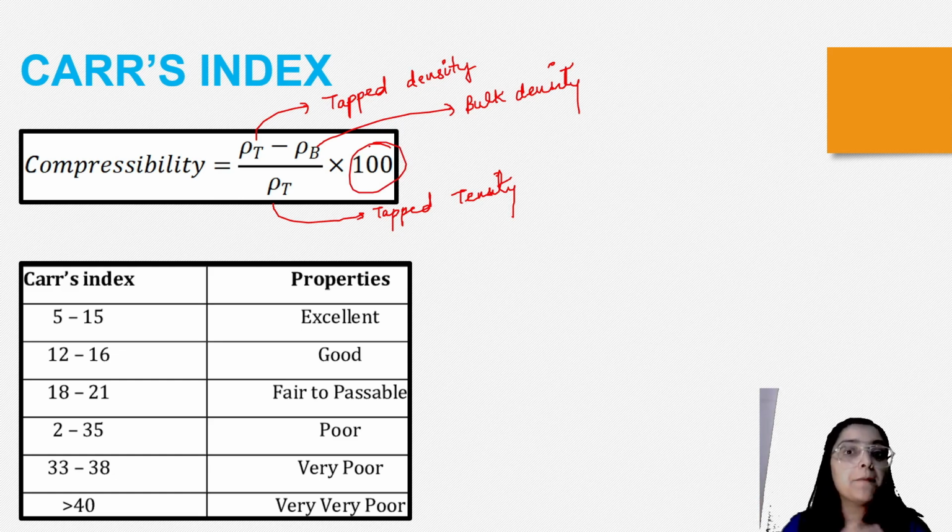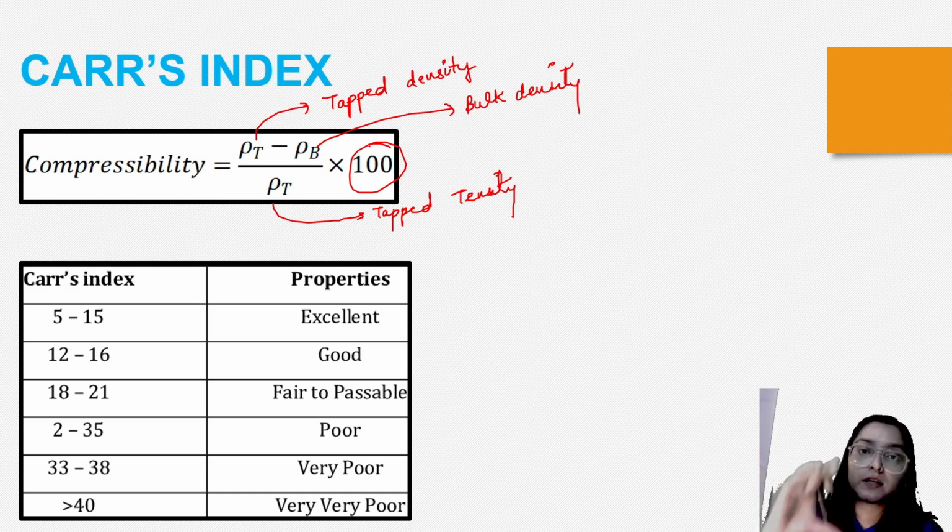In our earlier classes, we have learned that density is nothing but mass per unit volume, right? If you have just poured the powder into your beaker, the volume that it occupies is the bulk volume. But if you tap it and adjust the particles with a tapping device, there it will be the tapped volume, right?